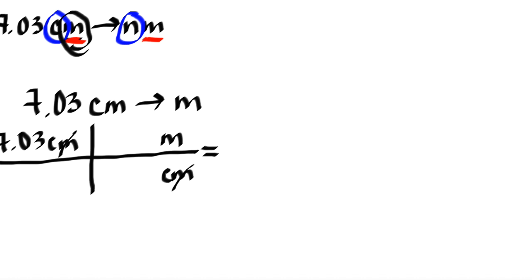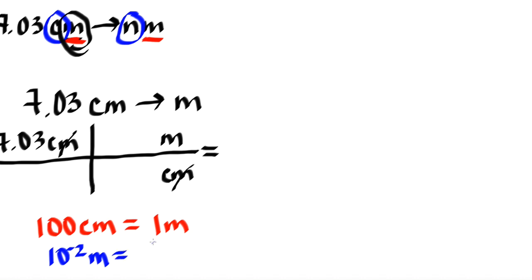I prefer the red way I was doing earlier: 100 centimeters is equal to 1 meter. Or in the blue way we discussed, 10 to the negative 2 meters is equal to 1 centimeter. Whichever way you prefer is how you should continue; it really is up to you.